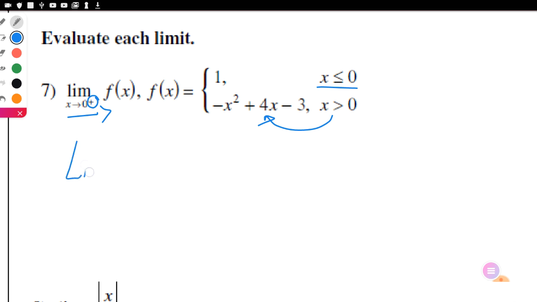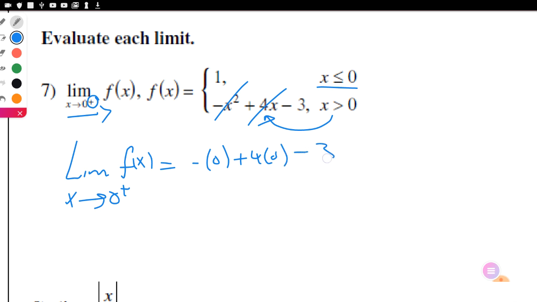So by replacing in f of x when x approaches 0 from right, I replace negative multiplied by 0, but zeros cancel these two terms. Anyway, no problem, but I will show you. So the result will be -3. That is your result by replacing. Clear or not clear?